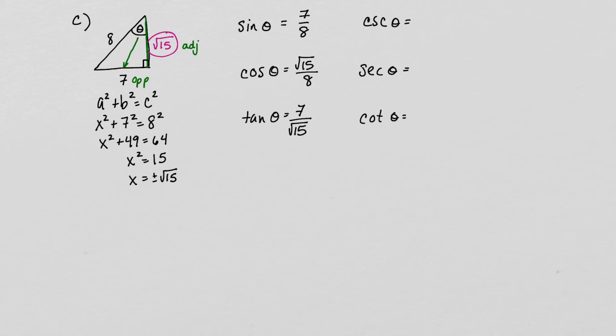And then we can flip them over, right? So the cosecant would be 8 over 7. The secant is going to be 8 over the square root of 15, and the cotangent is going to be the square root of 15 over 7. Questions on that problem?